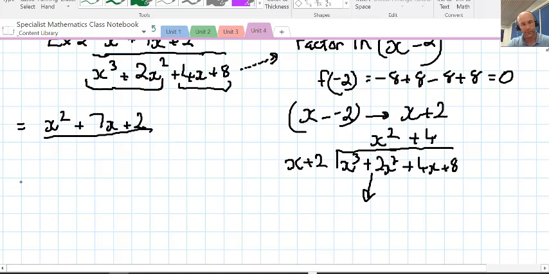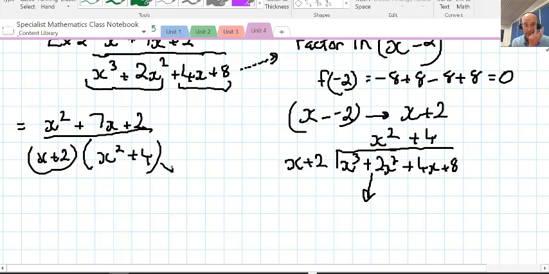So we have the factor x plus 2, and we have the other factor, which is an irreducible quadratic. Go try and solve that equal to 0. You won't be able to do it. There's no real solutions there. Try it. Pause the video and try it.